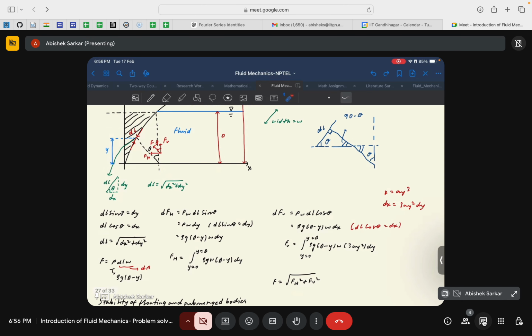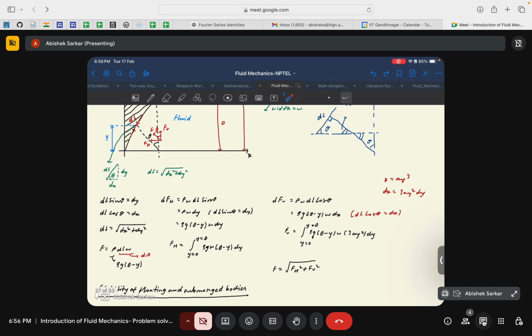Since we're dealing with elemental areas, we again need to dissociate into the elemental force components. So we'll have dFh as P W dL sin theta, where W dL is the elemental area and P is the pressure. Since we are dealing with the horizontal components, you can see how we got sin theta here.